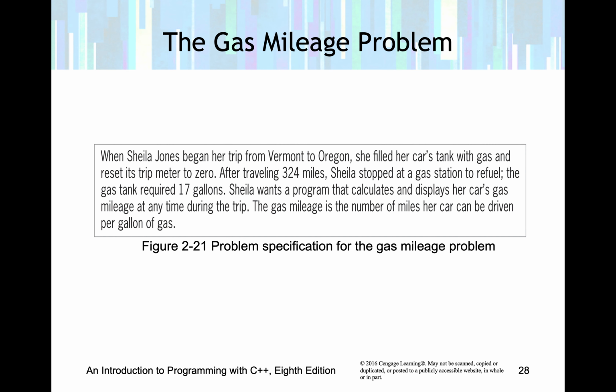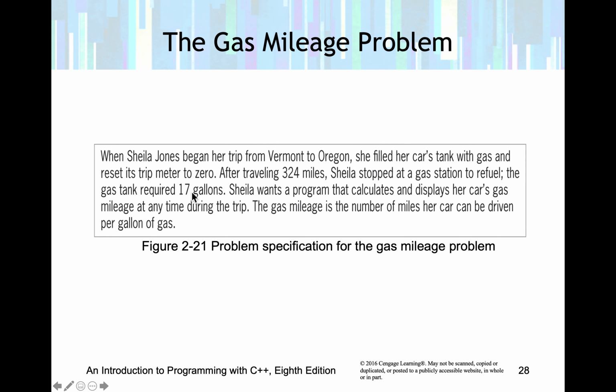The gas mileage is the number of miles her car can be driven per gallon of gas. So the number of miles her car can be driven per gallon of gas.